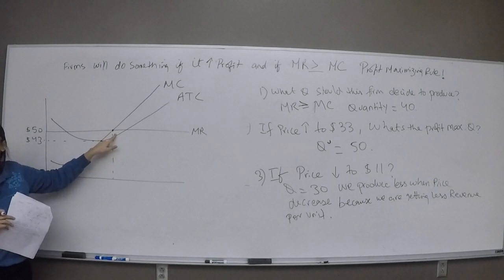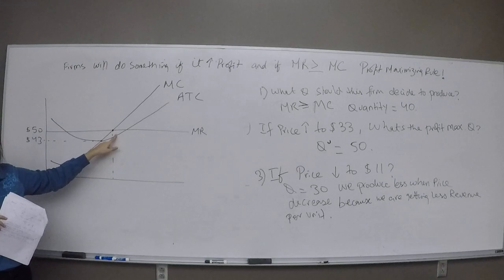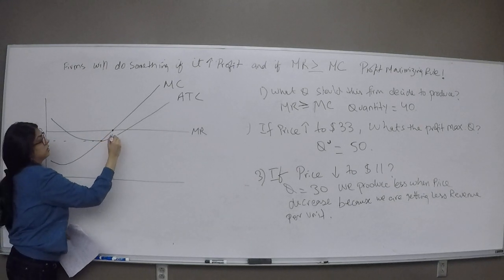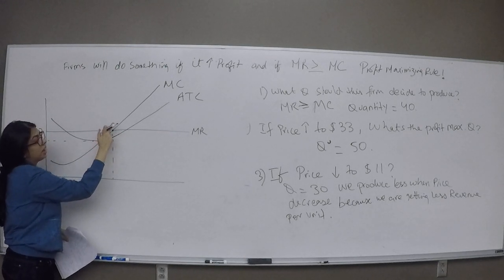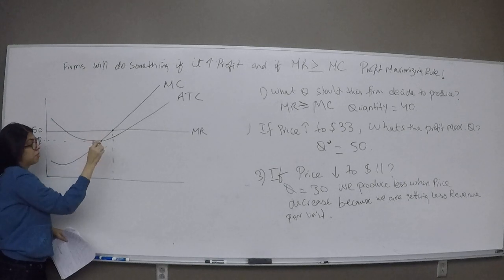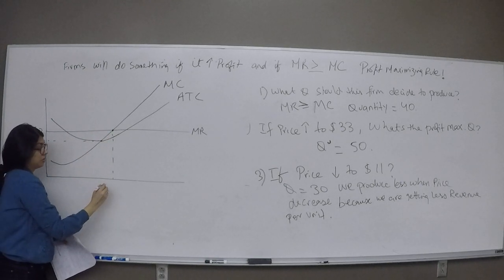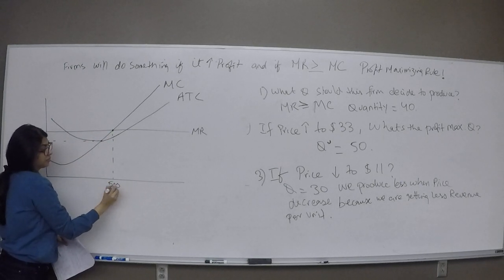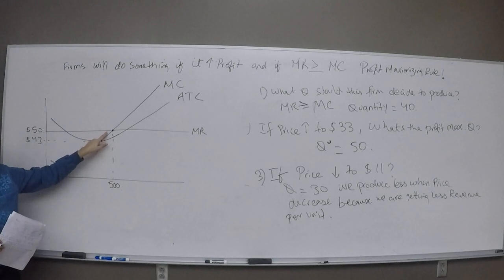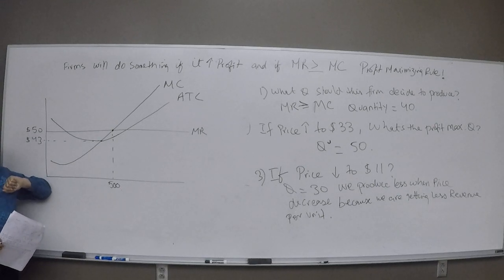So the equilibrium point is the same, where marginal revenue is crossing marginal cost, or where supply is crossing the demand. That's still your equilibrium point, still how much you're going to produce. Important point: you're still producing where MC is equal to MR.